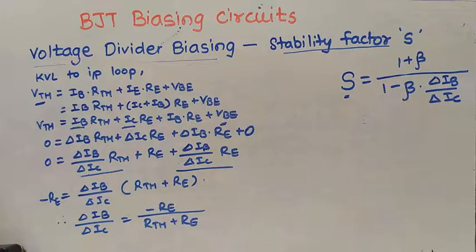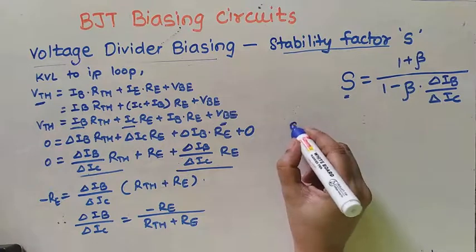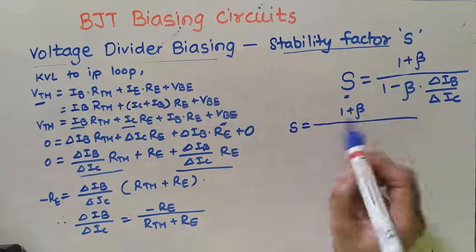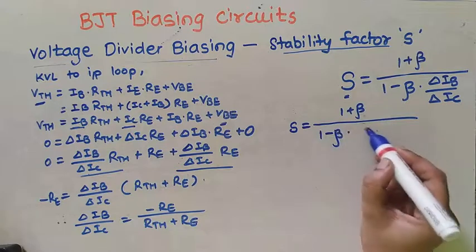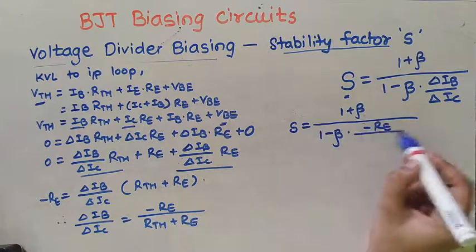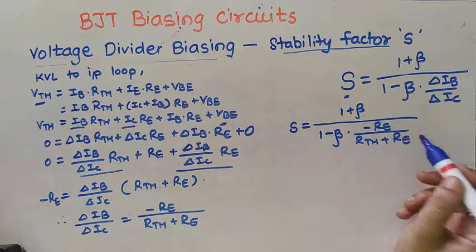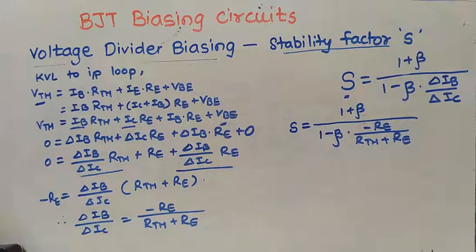Now we put this value of change in IB upon change in IC into the stability equation. So S will be equal to (1 plus beta) divided by (1 minus beta into minus RE divided by RTH plus RE). We can further solve this.